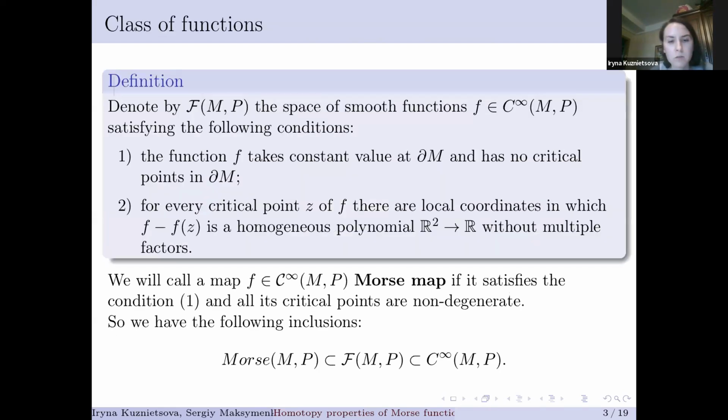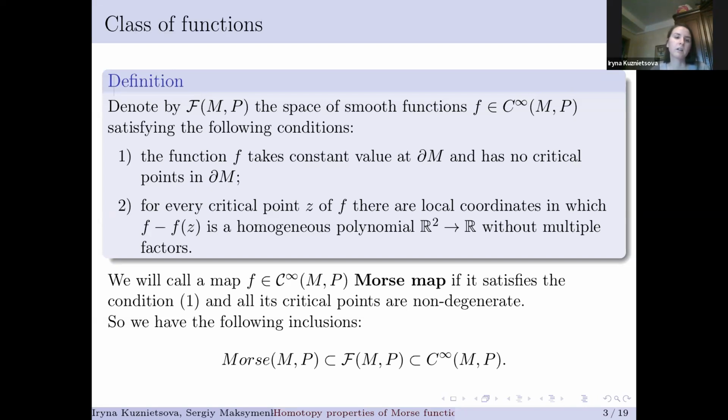Now I'll introduce a wide class of functions which consist of Morse functions and generalize them. So it's the class F(M, P) that satisfies two conditions. The function f takes a constant value at the boundary and has no critical point in it.